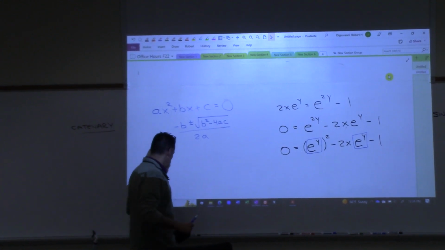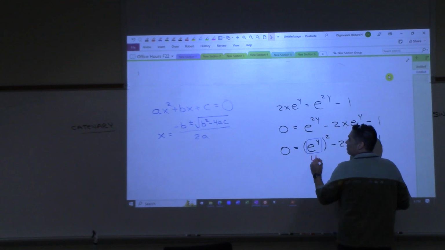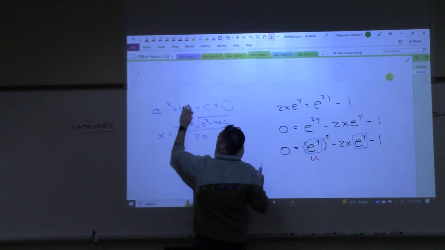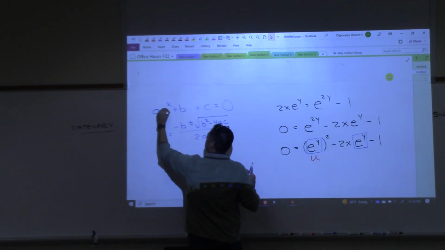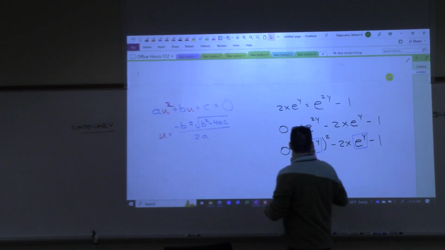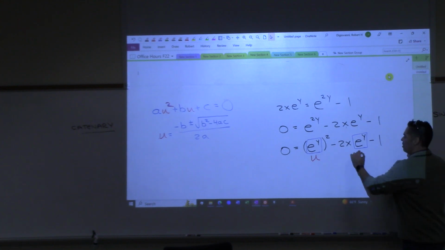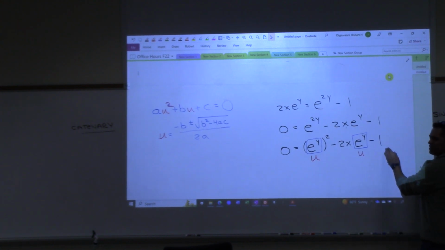Here, I have a quadratic. It looks like a quadratic where this right here, I'm going to use u instead of x. Let's just change this. u squared, so I kind of have a u squared, minus 2x u, minus a number. So if you were to look at this as a quadratic, what would a be?